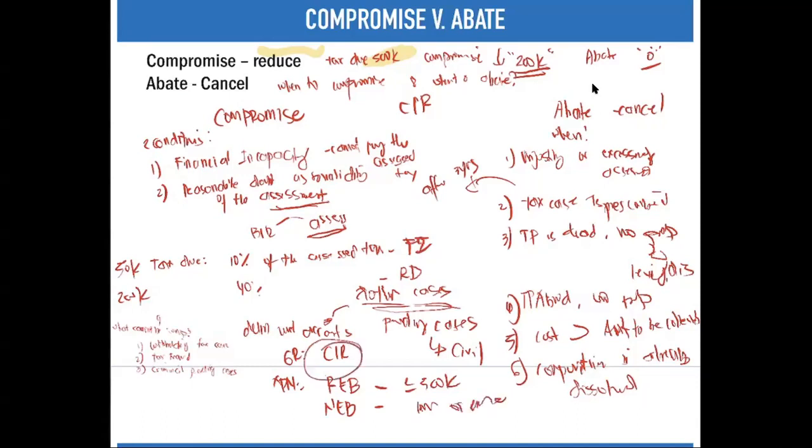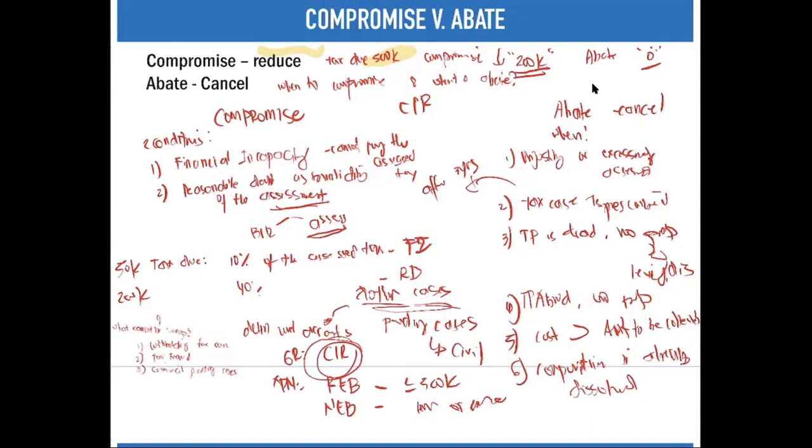Okay, as a rule, the CIR, exception to the rule, who can compromise: the regional evaluation board if the amount of tax to be assessed is less than or equal to 500,000, and the national evaluation board if it's 1 million pesos or more. That is as to your compromise and abate.